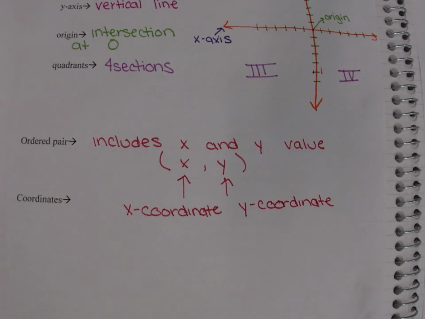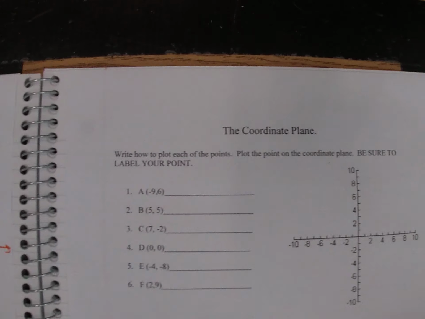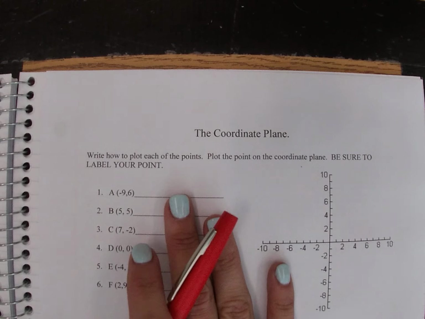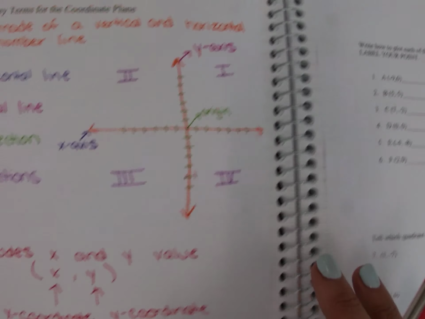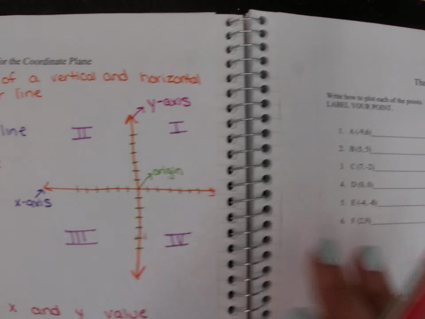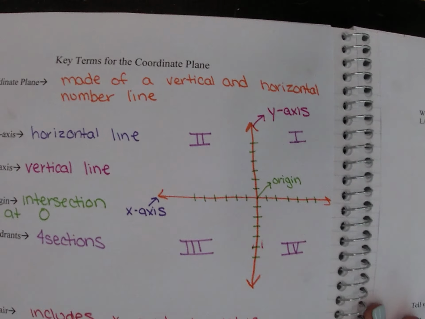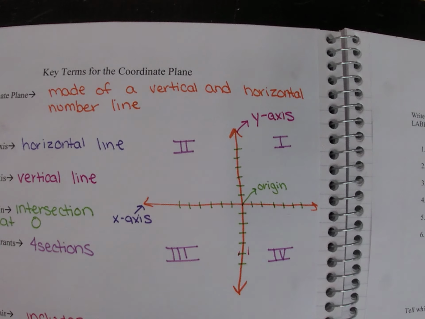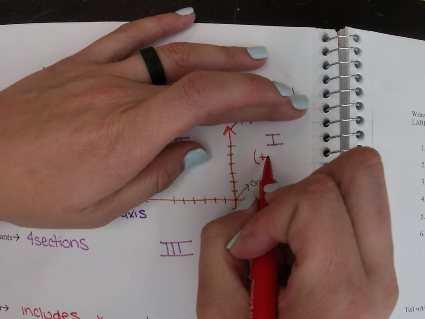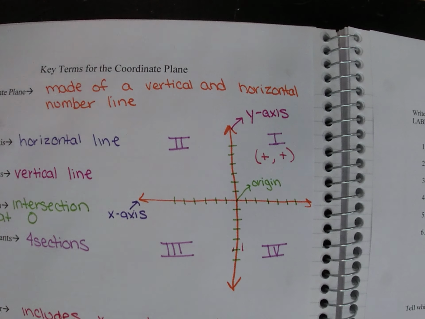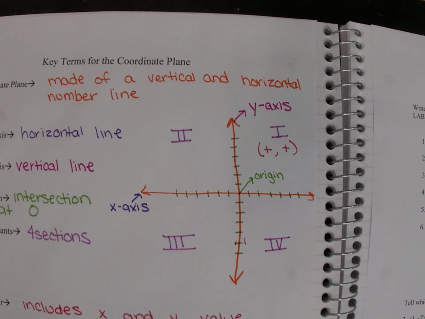Okay, we can then use this information to plot points, specific points in the coordinate plane, but these coordinates give us specific information about where it's going on this plane. Okay, so we know whenever we're taking these coordinates, if our X value is positive and our Y value is positive, then we will be in quadrant 1.